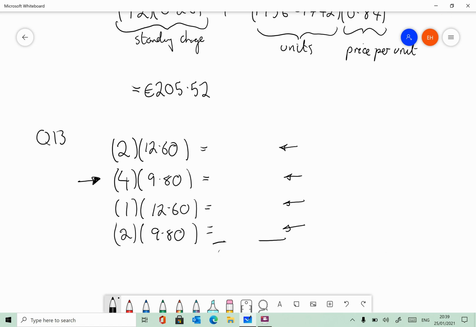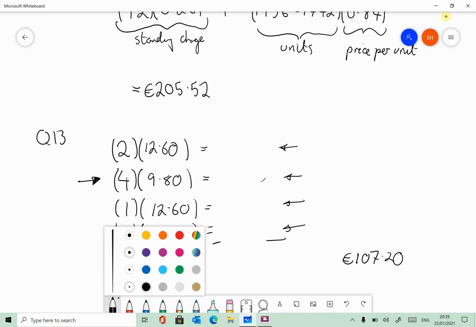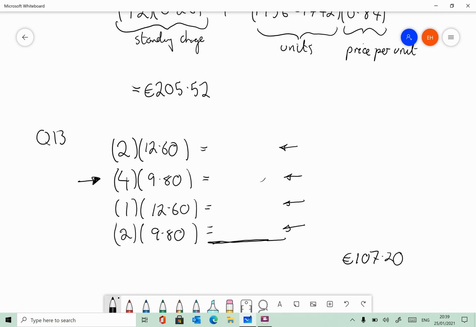Oh, I shouldn't have rubbed that out. I'm tired and I'm getting grumpier and grumpier. Okay, so I'm going to rub out everything and just start this question again from the very beginning. It's a very good place to start.